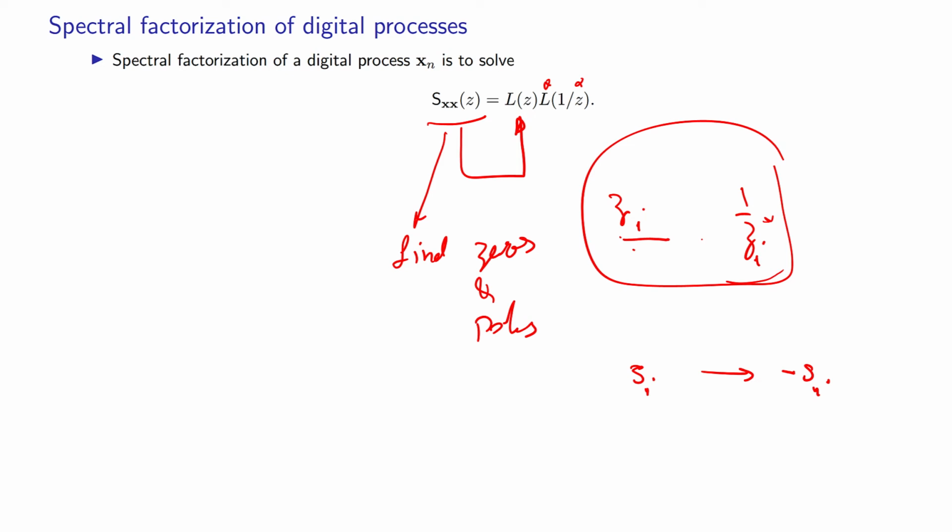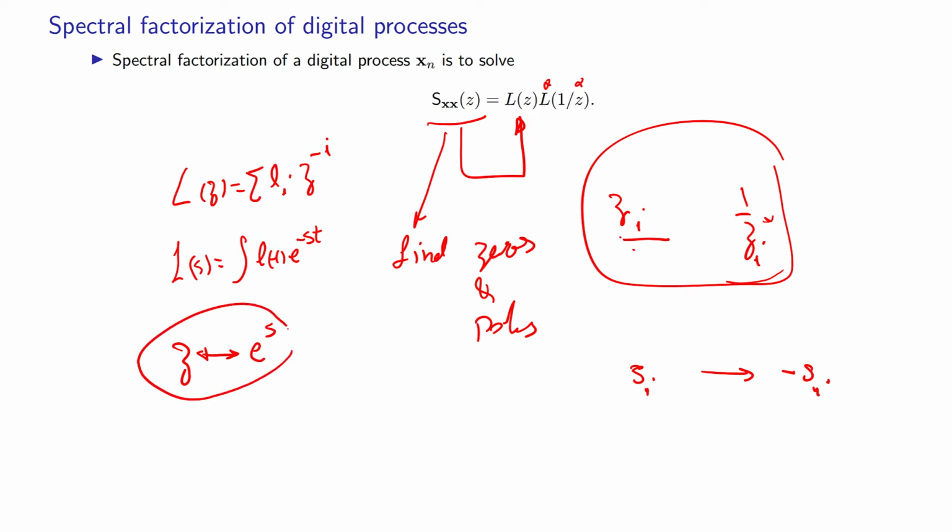Because remember that in Z transform, when you say L of Z, you say summation of Li and then Z to the power minus I. For Laplace transform, L of S is an integral. So instead of summation, you have integral, and you have L of t e to the power minus st. So Z is the equivalent of e to the power of s.